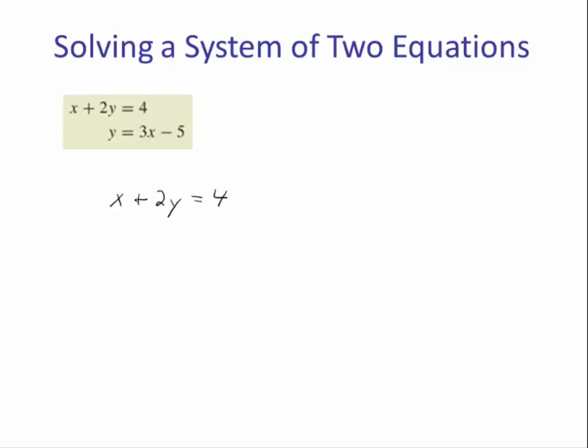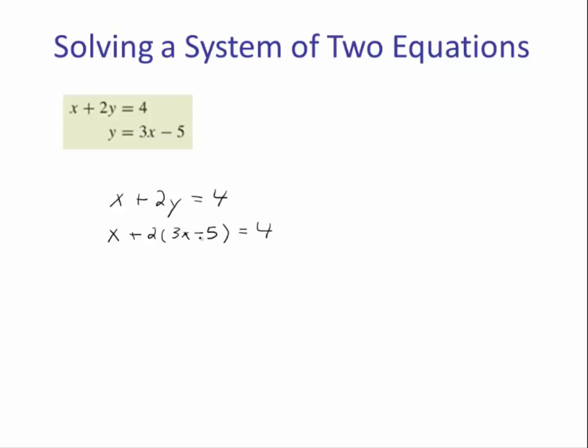So here we have an equation with 2 variables, x and y. We can't solve it, but we know that y is the same thing as 3x minus 5. So we substitute 3x minus 5 for y.